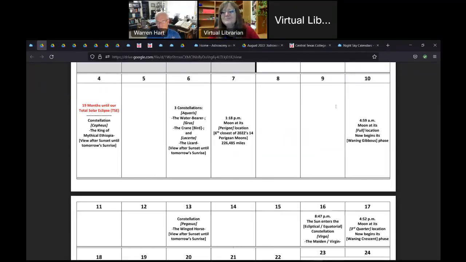Then let's go over to Saturday the 10th. Our moon is still orbiting us. It has passed around. It's now going to be in relation with us and the sun behind us. It's in what is called the full moon location.